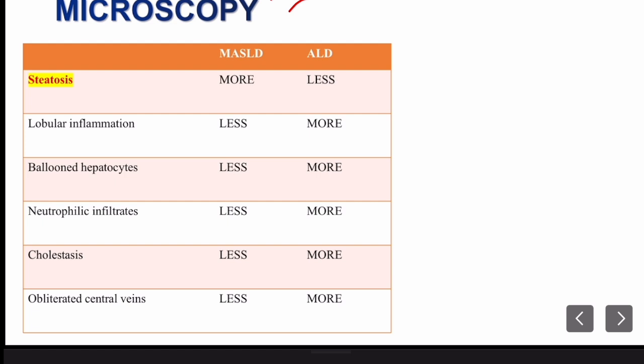Just a few points to be summarized in microscopy: in alcoholic liver disease, the steatosis is less as compared to the steatosis in MASLD. And also the macrovesicular steatosis is seen more in MASLD, while in ALD it is the microvesicular steatosis.